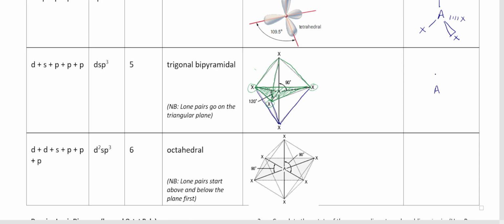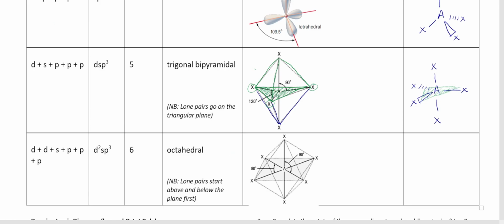We have A, X, X. These are the ones that are on the top and on the bottom. Then we have the X coming forward and an X going backwards, like this. And this is what we do to draw that trigonal plane that's in the middle there, that I'm also going to try and shade for you right here.